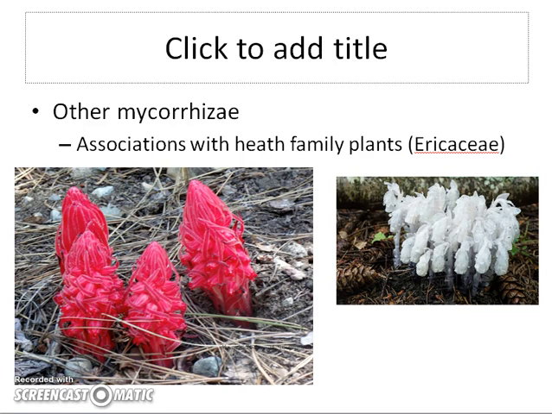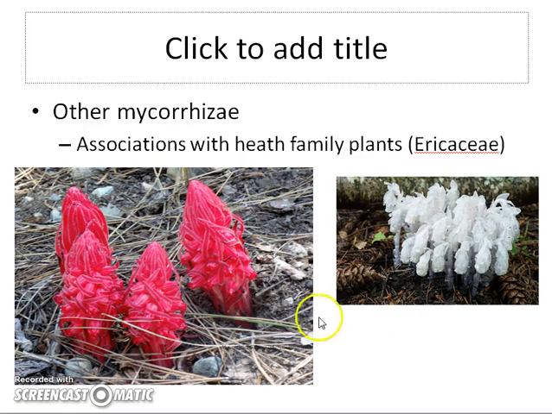Just to let you know, there are other types of mycorrhizae, even though those two were the big groups. For instance, there's a type of mycorrhizae that associates with plants of the heath family. And some of those plants are quite amazing. If you look at this, there's no chlorophyll in either of these. This so-called snow plant comes up through the snow in the Sierra. And then this one, which I believe is a ghost plant, can't quite remember, no chlorophyll.